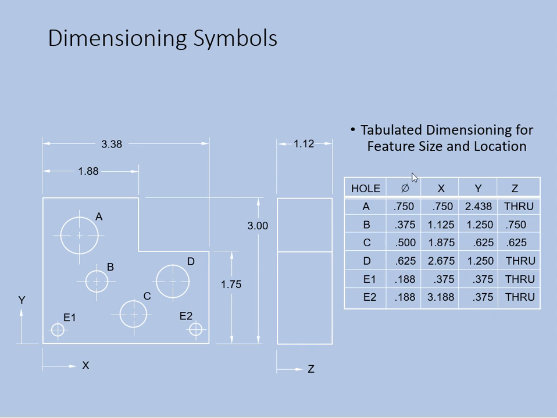All right, next one. So here is your table, yeah? These are your tabulated dimensioning for feature, size, and location. So here you have your sizes, and here is your dimension right there, perfectly showing you smaller in, larger out, totally aligned from two different views right there. Smaller in, larger out.